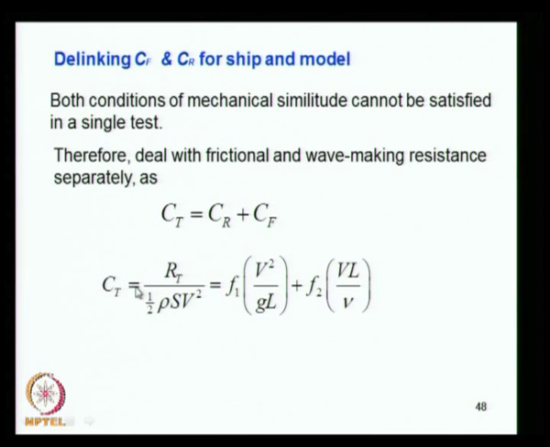Now you know Ct, which is total resistance divided by half rho S V square, is a function of Froude number and Reynolds number. So you are separating it out using the method of separation of variables. The function Ct is now represented by a function exclusively depending on Froude number and another function exclusively depending on Reynolds number. This one will represent the frictional component and this one will represent the residuary component.